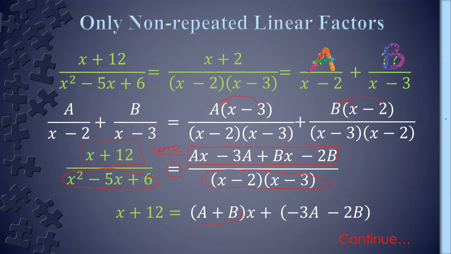Therefore, this right here has got to be 1 because that matches with that coefficient. This right here has got to be 12. So what we have is a system of equations. A plus B equals 1, negative 3A minus 2B equals 12.